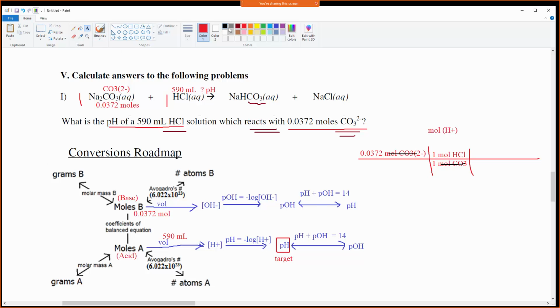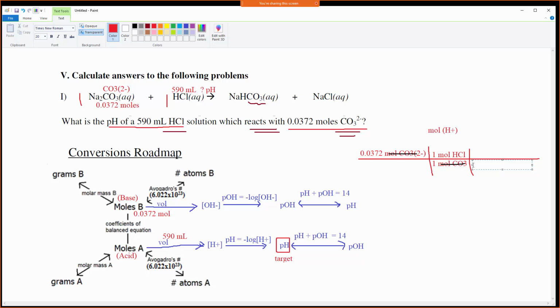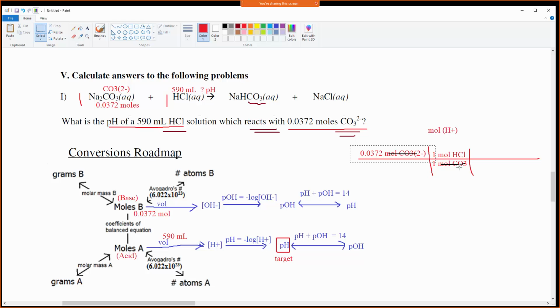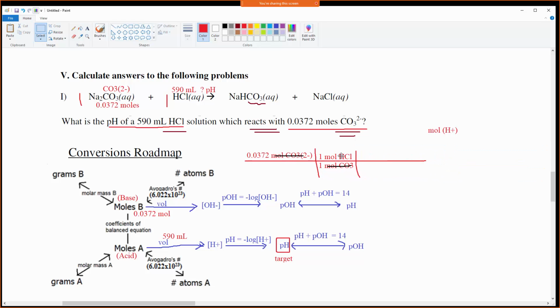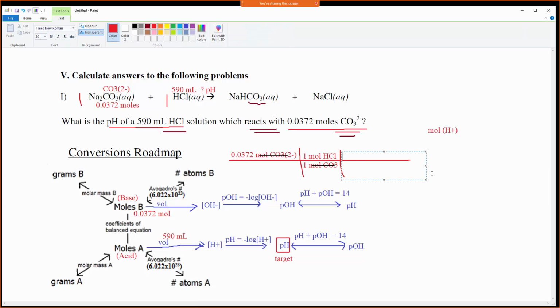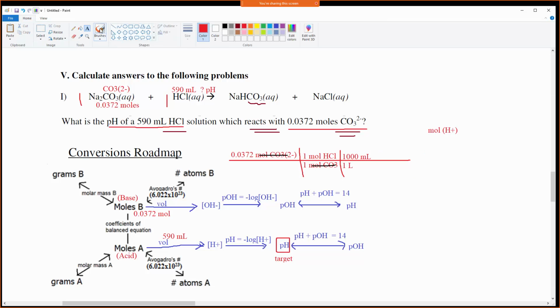Okay. So here we go. I am going to need more room. Good observation. Let's just slide this guy over. Right, okay, I'm going to need liters to milliliters because this is milliliters and my unit of concentration has got to be liters on the bottom, right? So, okay, 1,000 milliliters and every 1 liter, that gives me liters on the bottom.